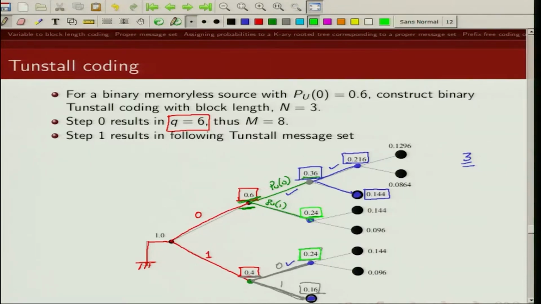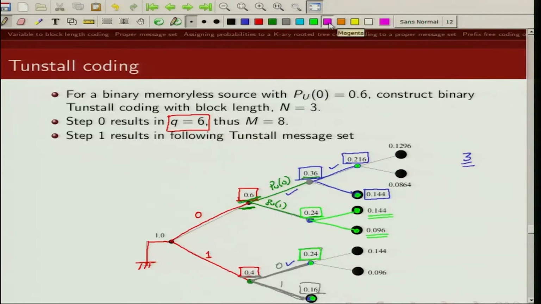I do that, I get this, and similarly I can calculate these probabilities. This is 0.24 into 0.6 and this one is 0.24 into 0.4. So at this point, after 4 extensions, I have this node, this node, this node, this node, this node and this node.